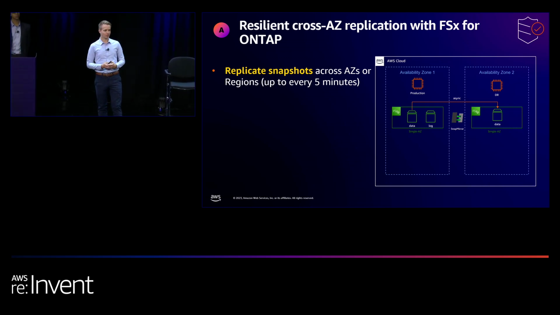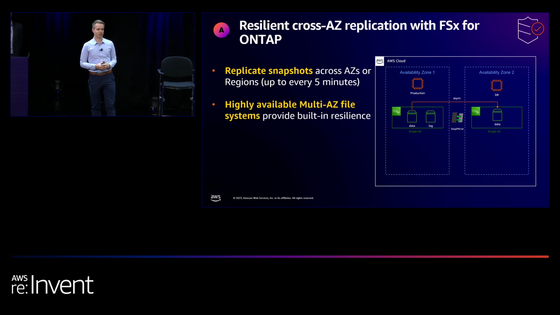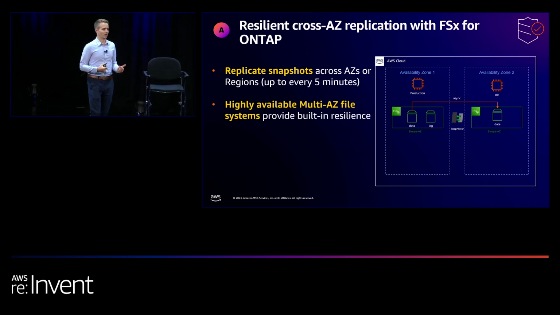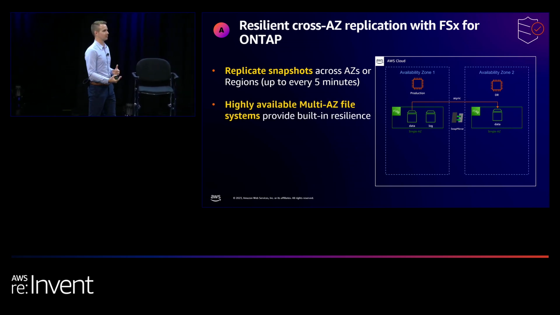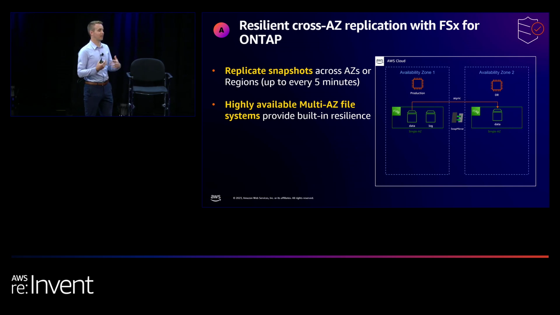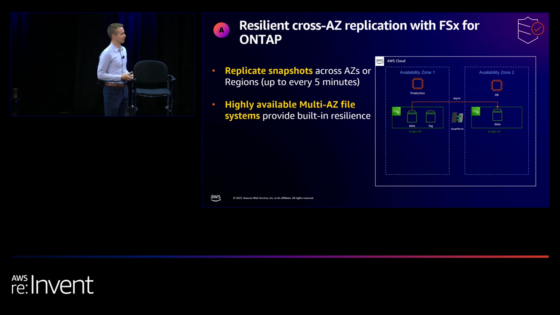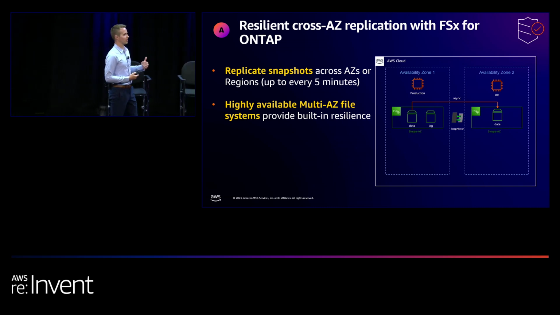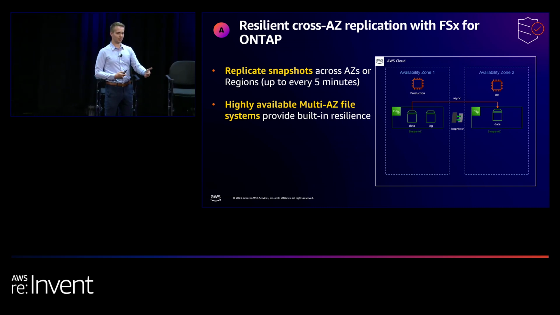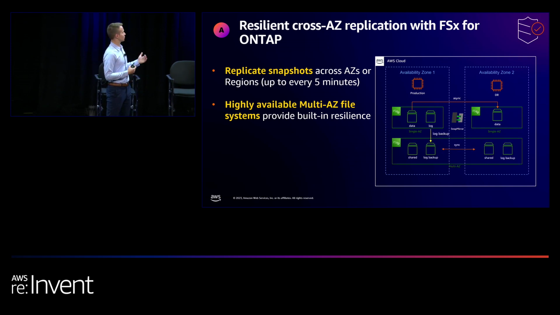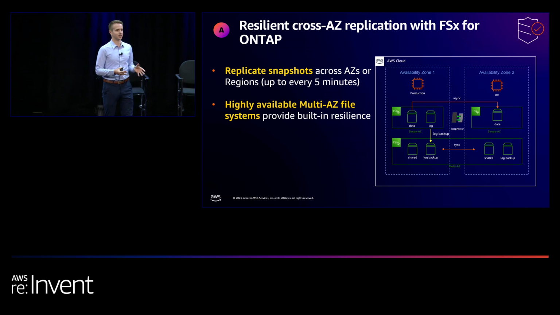In addition to this, Nikhil talked earlier about how native multi-AZ file systems enable SQL Server FCI deployments and make those easy to deploy in AWS. Similarly, a common pattern we see customers adopt for SAP HANA is to store their log backups on a multi-AZ FSx for ONTAP file system.